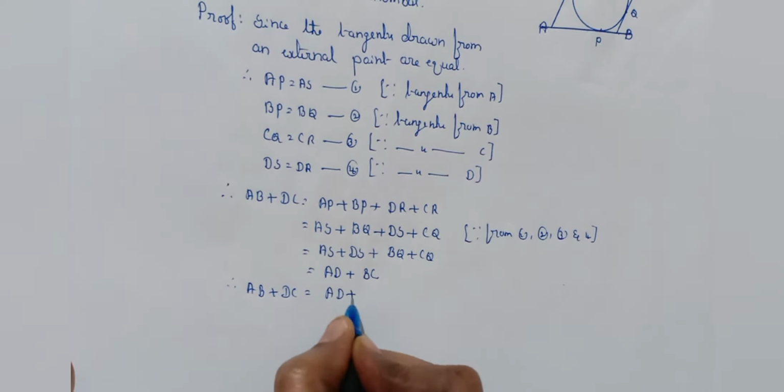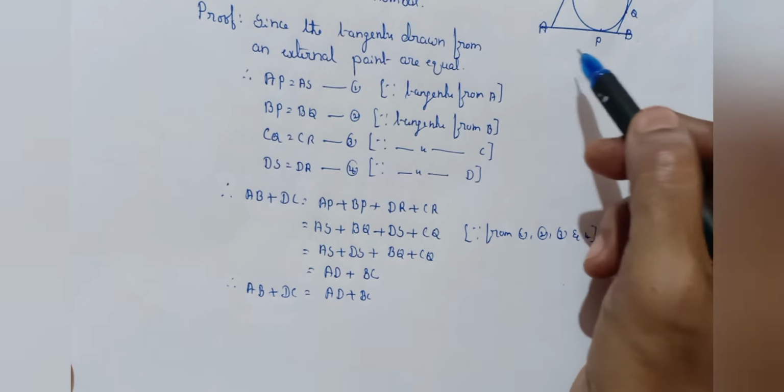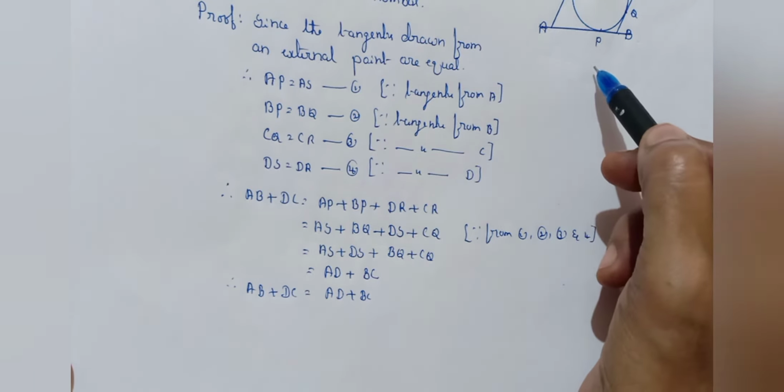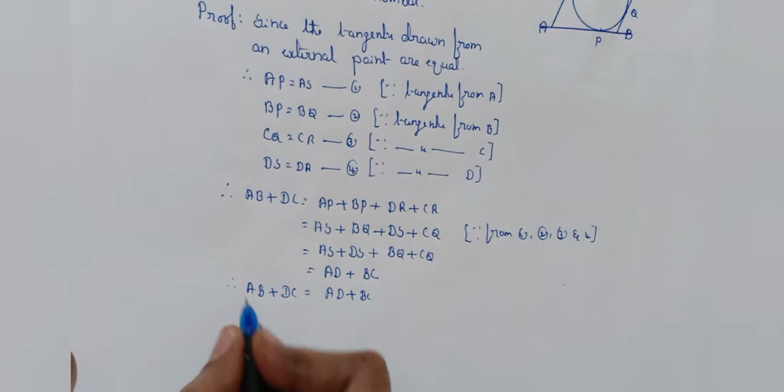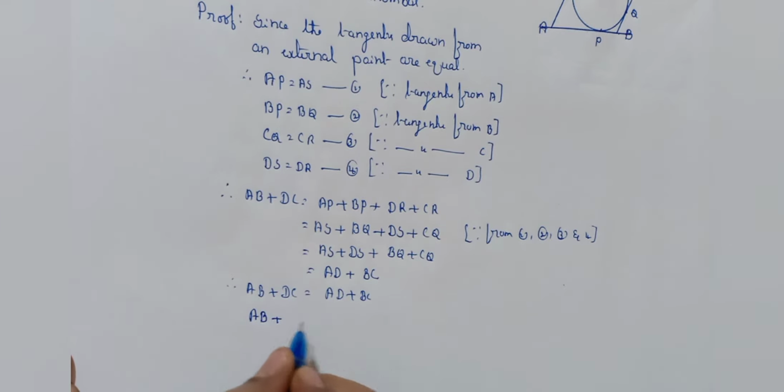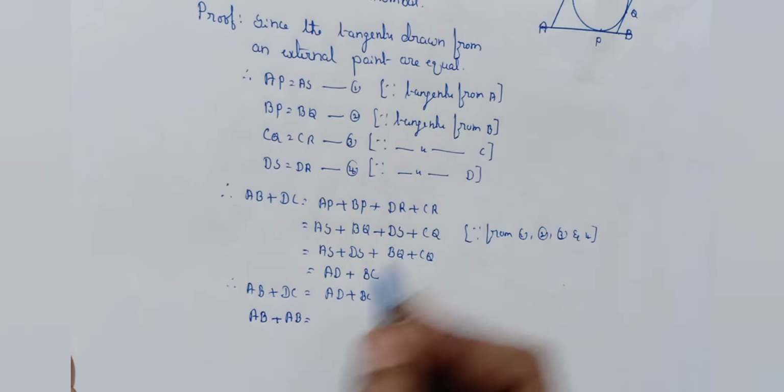But ABCD is a parallelogram. So, in the parallelogram ABCD, we know that the opposite sides are equal. So, AB is equal to DC. In place of DC, we can write AB. And AD is equal to BC.